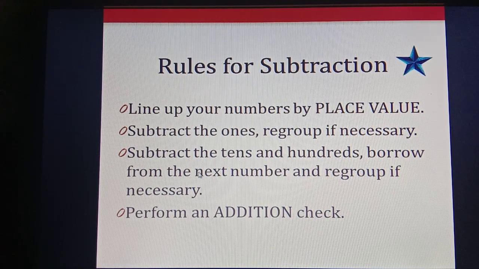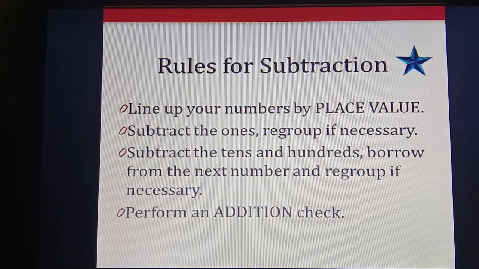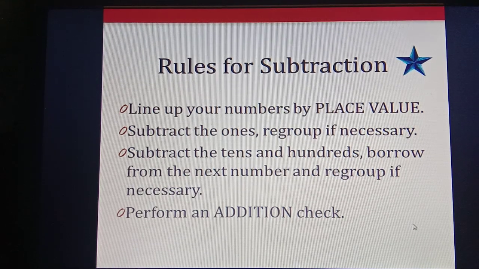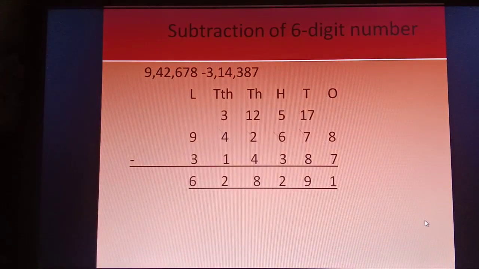Then subtract the tens, hundreds, borrowing from the next number and regrouping if necessary, and then perform the addition to check. In the last step, if you want to check your answer, you can add the subtrahend and difference. If you are getting the minuend, it means your answer is correct.